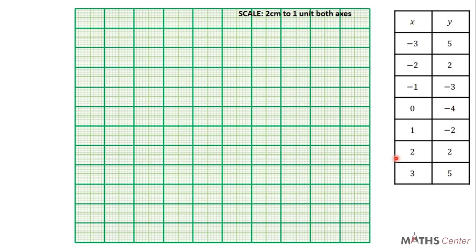This means that we have to draw our y-axis in such a way that if we use a scale of 2 centimeters to 1 unit on the x-axis, we will have both -3 and 3 on the x-axis. Now this is what I mean. Let's say that we draw our y-axis here. If we draw our y-axis here, when we use a scale of 2 centimeters to 1 unit on the x-axis, this is how our numbering will be like.